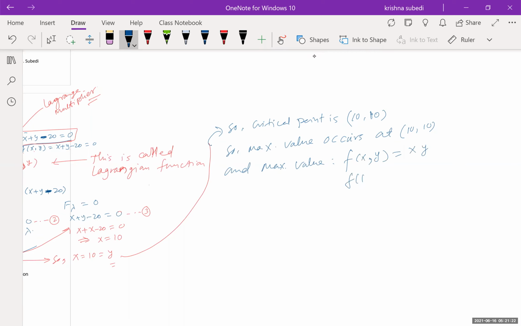That means f of 10, 10 equals 10 times 10, which is 100. Okay, that is your maximum value.